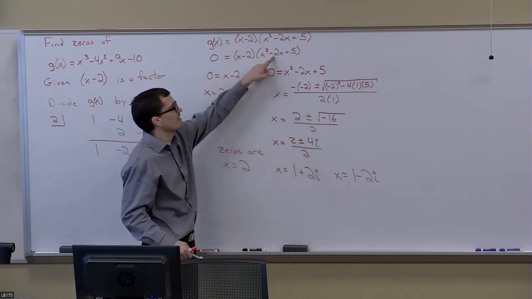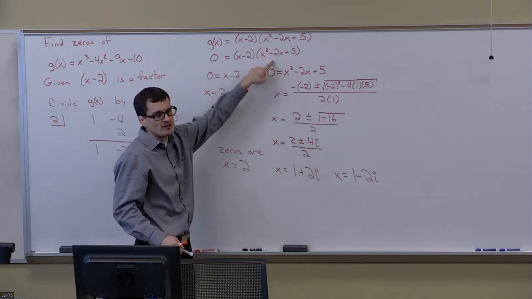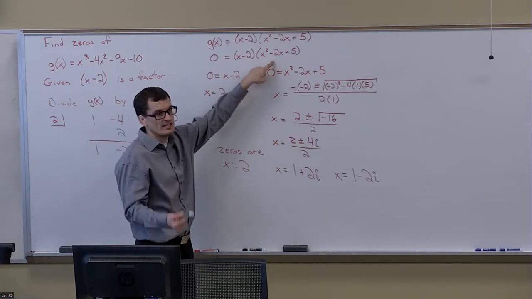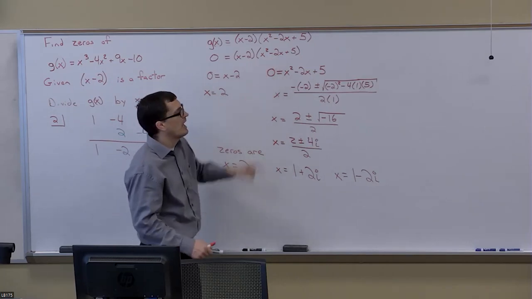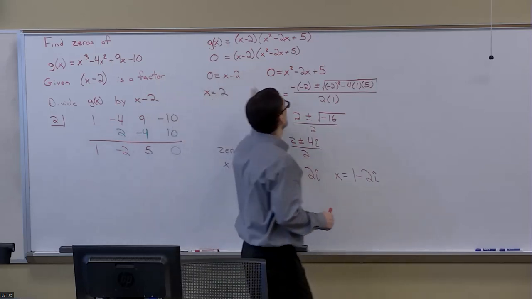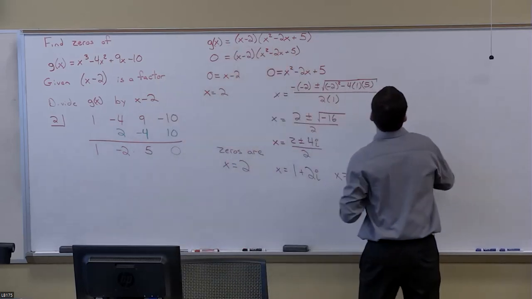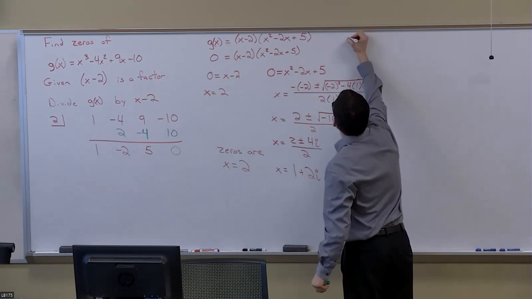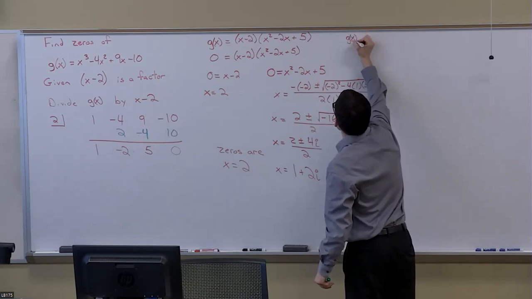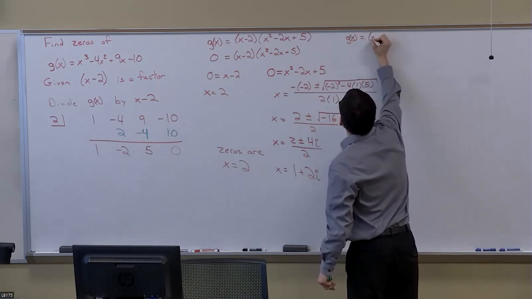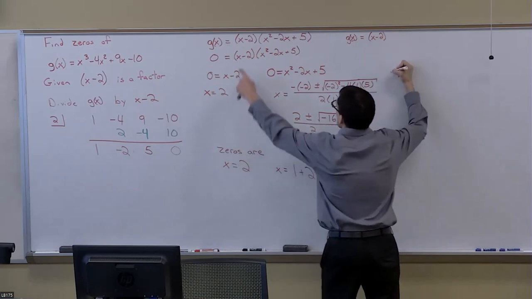We saw that this one could not be factored over the integers. However, if you were to factor this over the complex numbers, your x minus 2 would still be there.